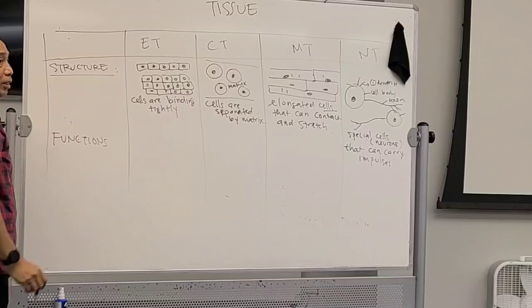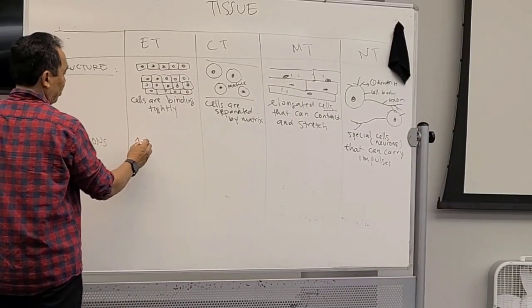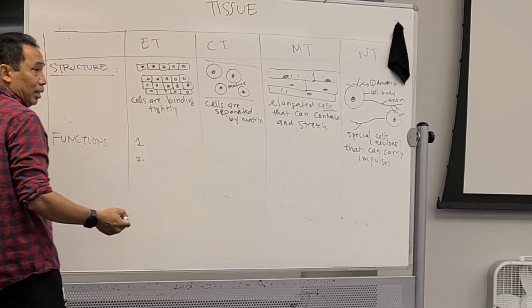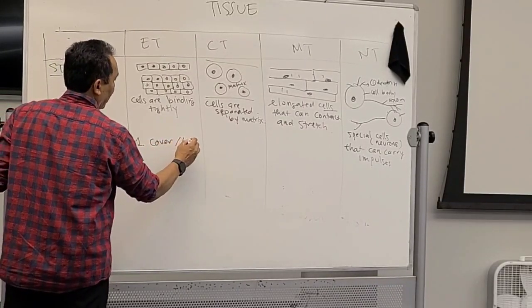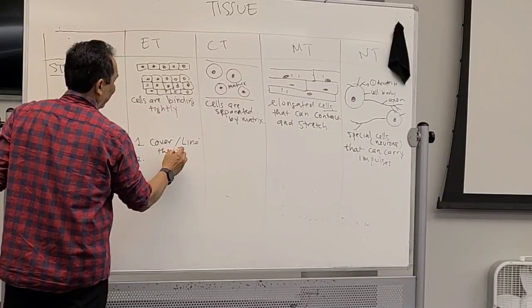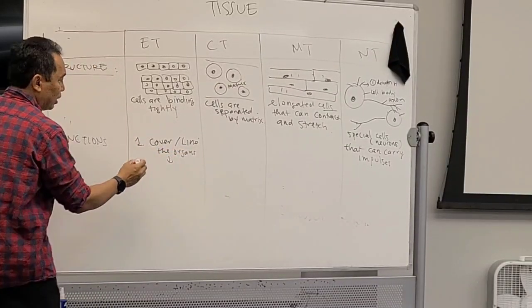Now, based on function, the ET can be divided into two types. The first one is the one that covers or lines the organs. This one mostly has several functions.